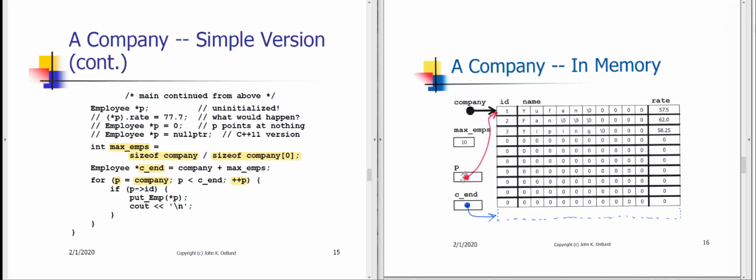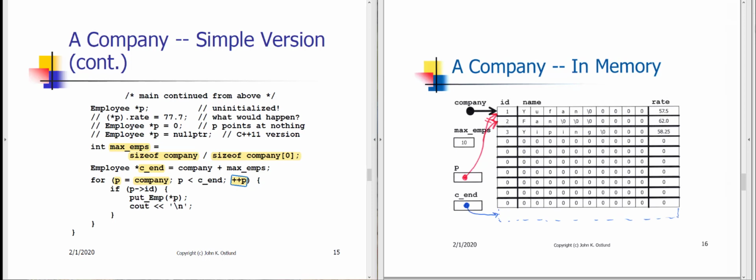So P should move forward by 22 bytes. Well, we don't have to figure that out. The compiler automatically knows, and so the compiler is going to automatically bump P forward by 1 employee's worth of bytes. So P now points at the second slot, the sub-1 slot in the array.